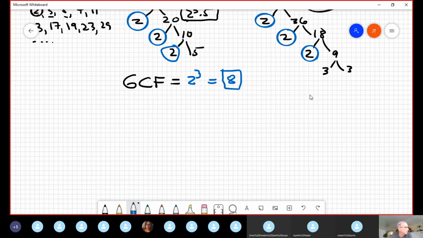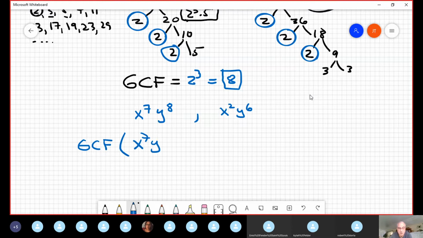What is the greatest common factor between x to the 7, y to the 8, and another expression, x to the 2, y to the 6?